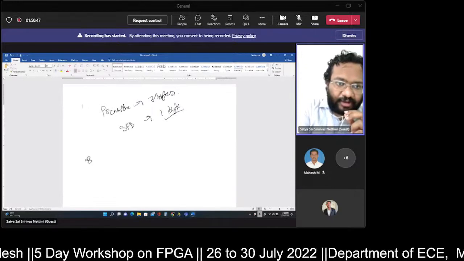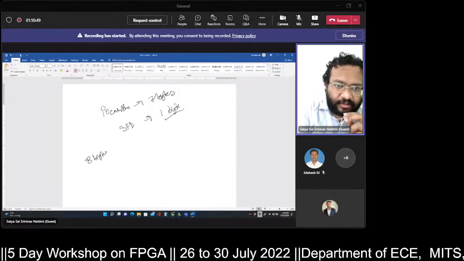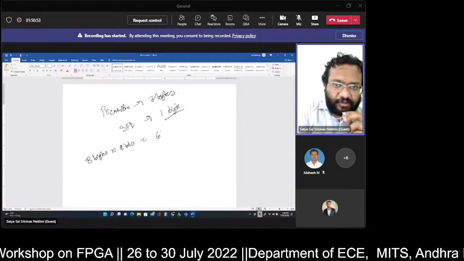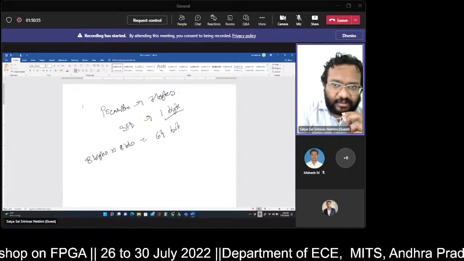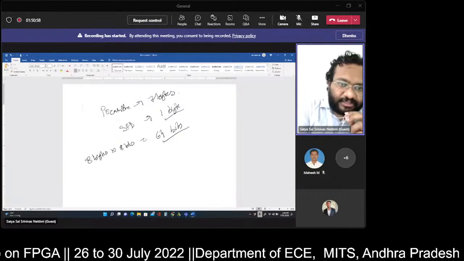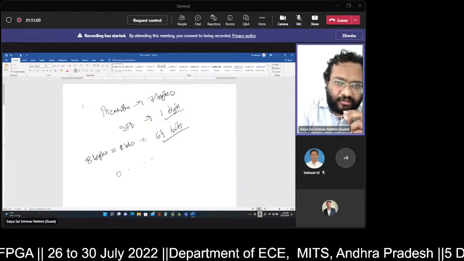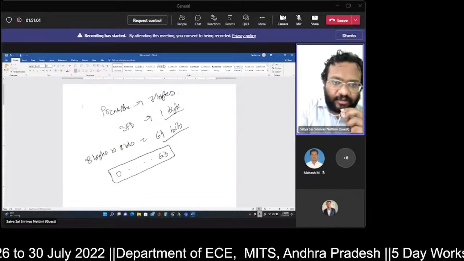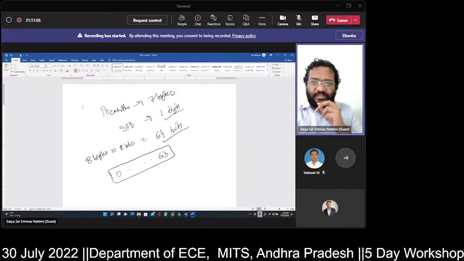So total 8 bytes into 8 bits equals 64 bits. So these 64 bits range from 0 to 63. If you count, these are ranging from 0 to 63.